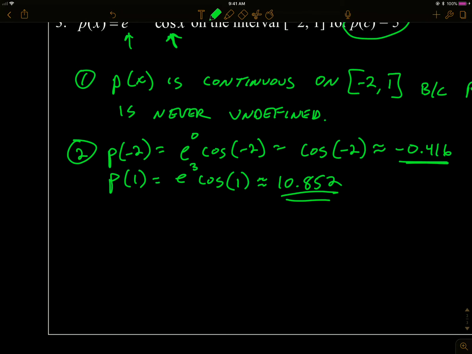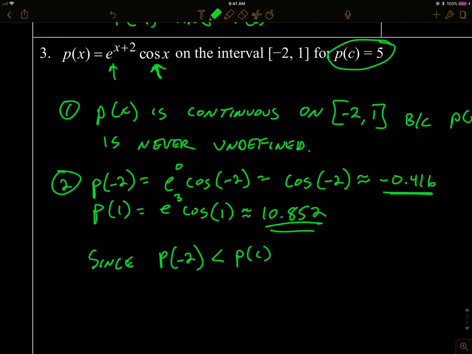So I want to say something like, since p of negative 2 is less than p of c, which is 5, I like to say what we're looking for, that 5 is in between p of negative 2 and p of 1.